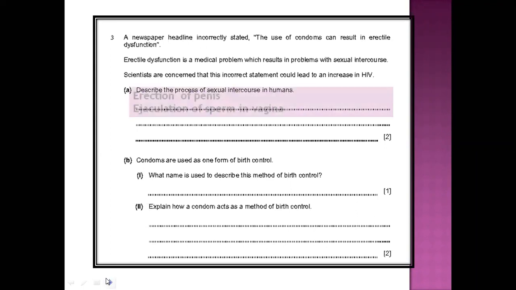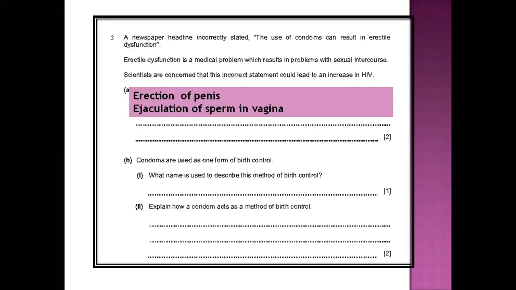It is the complete process of erection of the penis and ejaculation of sperm into the vagina. This process is called sexual intercourse. Is it clear? Hussein, is it clear? If you want to take hints, you can.